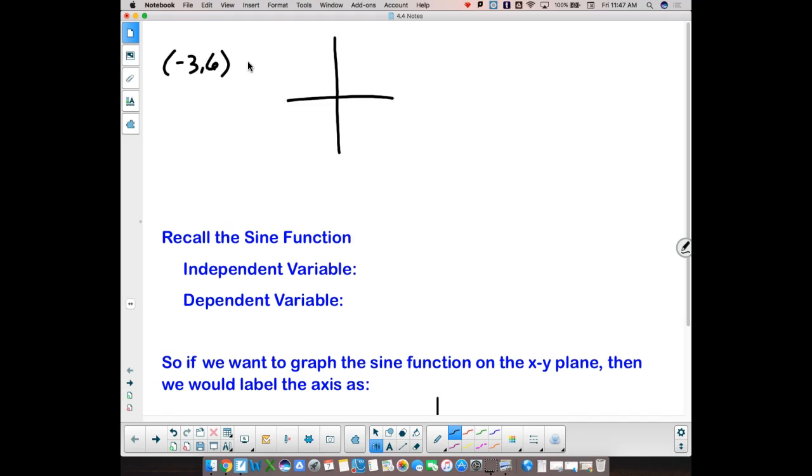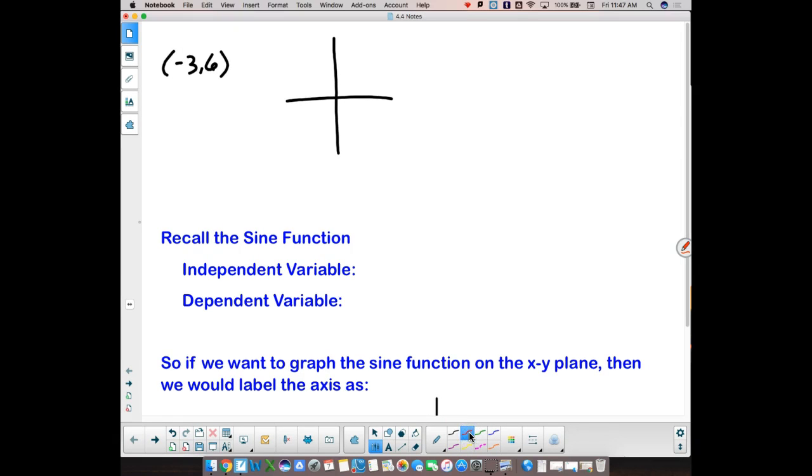From where? From the origin. So from the origin, I'm going to go left 3 and up 6. Everybody agree with that? Love it.